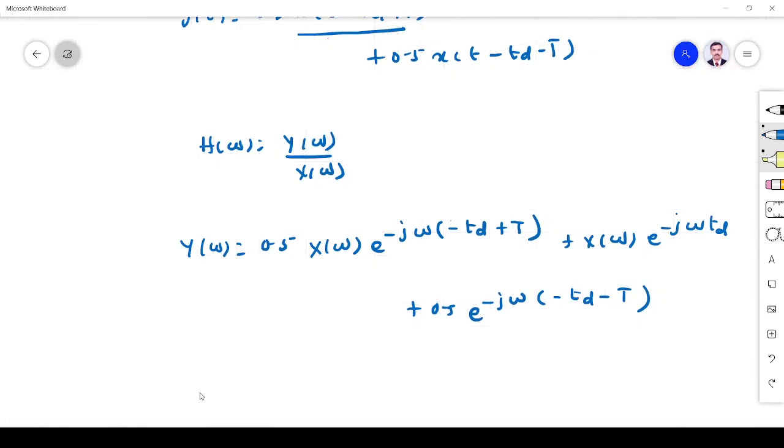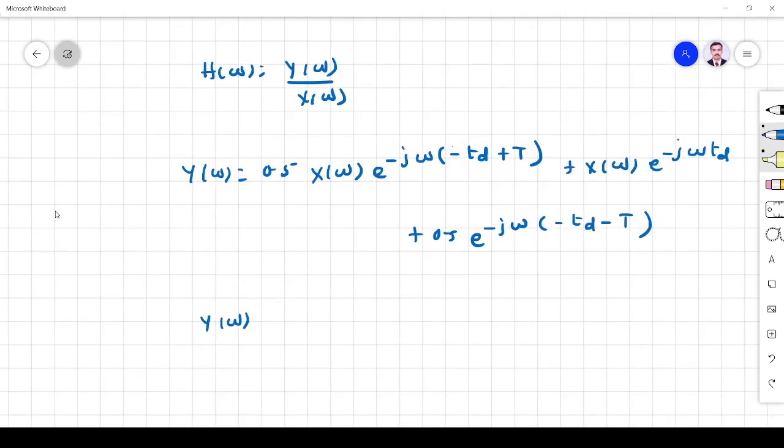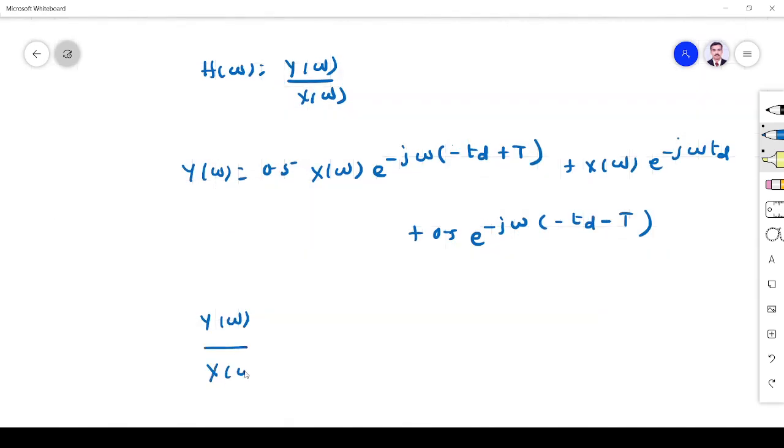If I take all the x of omega to the left hand side, y of omega by x of omega is equal to e power minus j omega td, which I take outside, times 0.5 e power j omega t, plus 1 plus 0.5 e power minus j omega t.